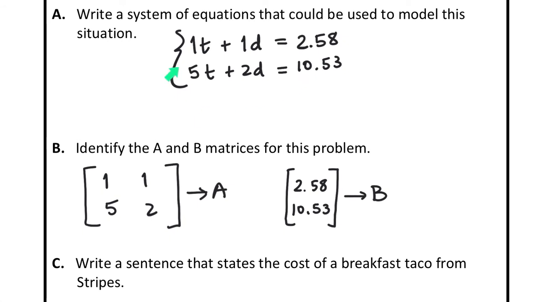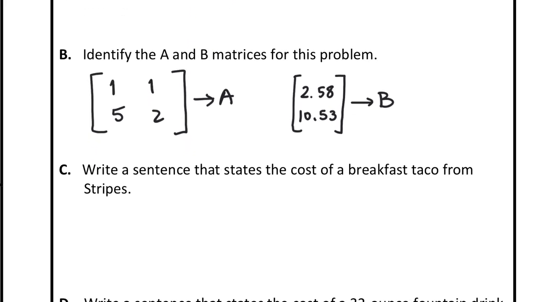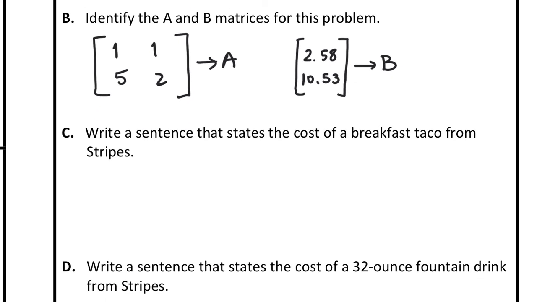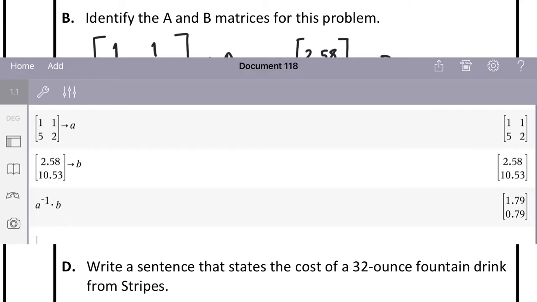Right, so this is what I have so far. I have the equations, I have the matrices, and then letter C is asking, write a sentence after you get a solution. So I take a screenshot again of what I typed in the calculator.